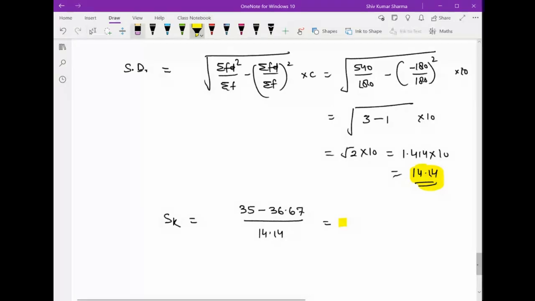So this is minus 0.118, which means it gives a negative value. So we can say that it is negatively skewed.